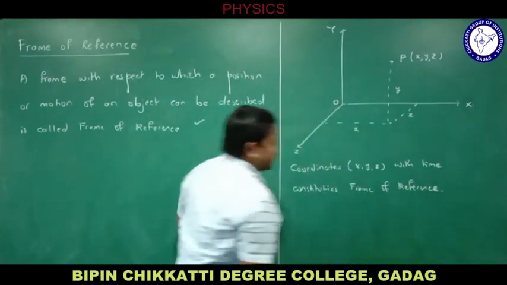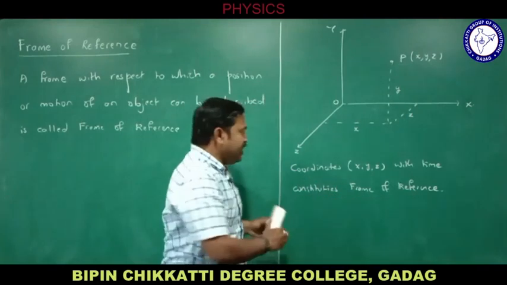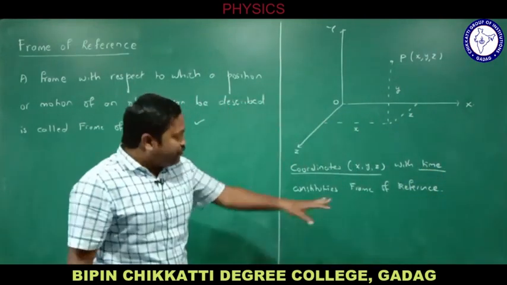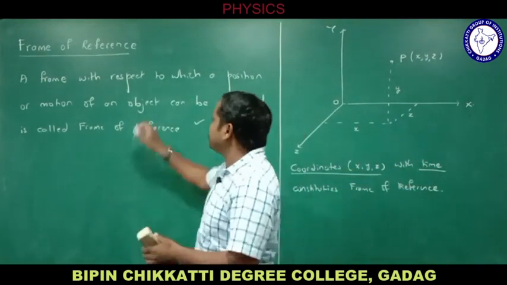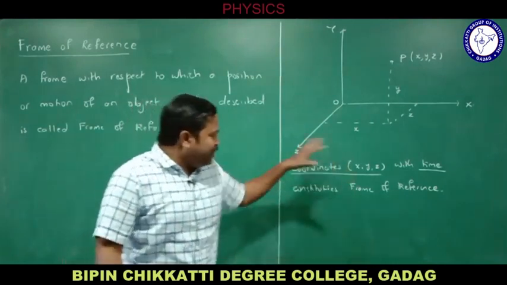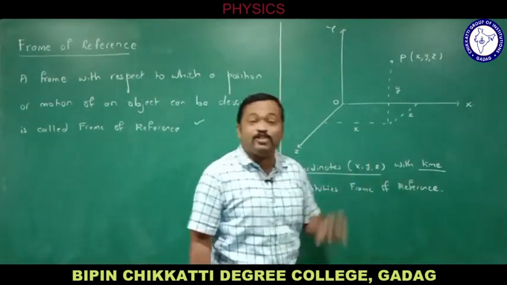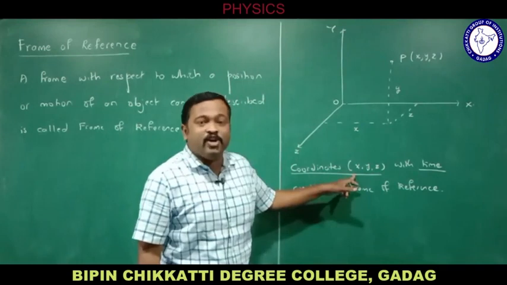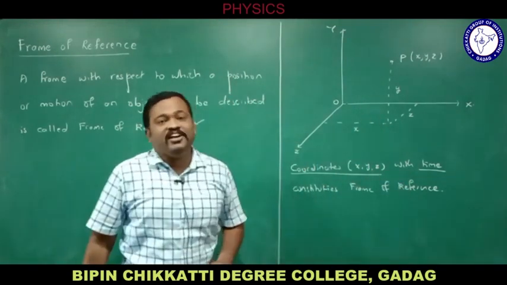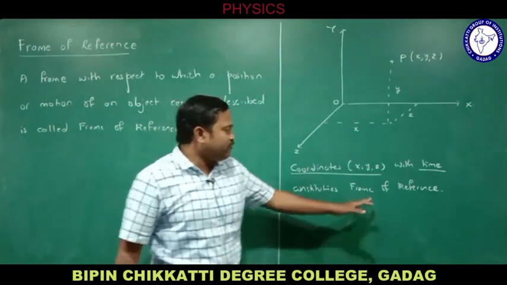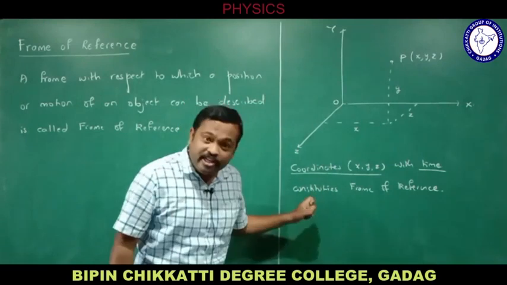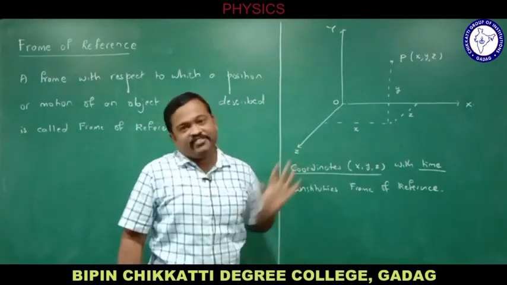Whenever we describe the frame of reference, we take coordinates as well as time. The position or motion of an object can be described by considering coordinates as well as time, and both together constitute the frame of reference.